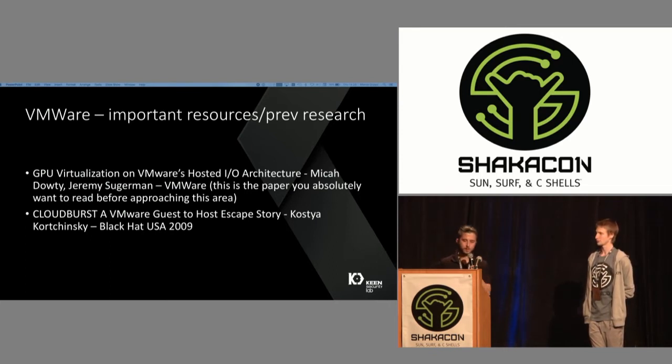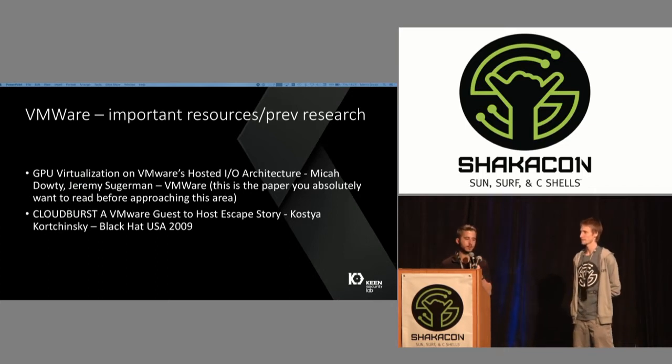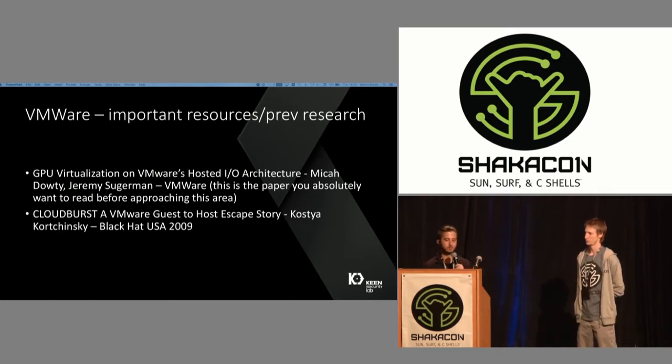And the second one is a presentation at Black Hat by Kostya. Basically, it shows VMware guest to host escape in the graphics driver. So it's similar research to the one that we are talking about now.